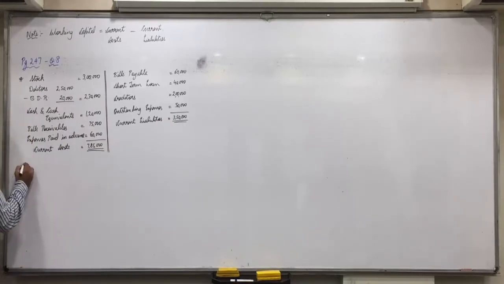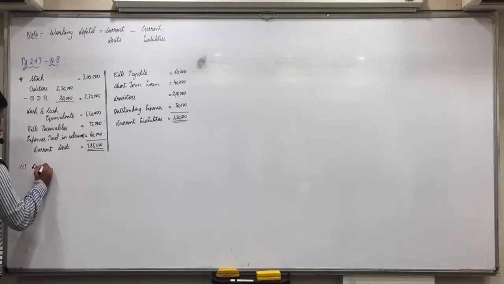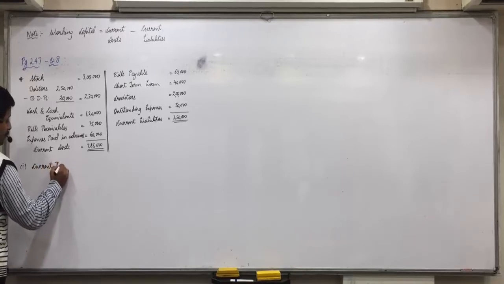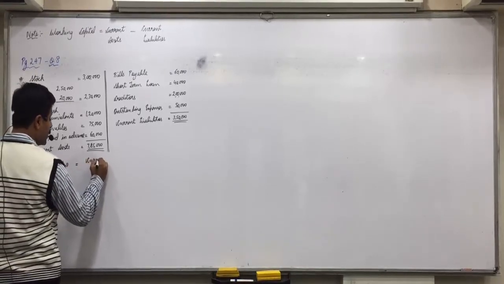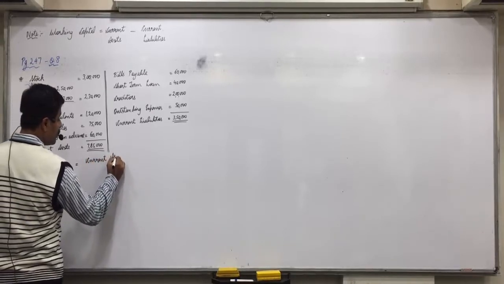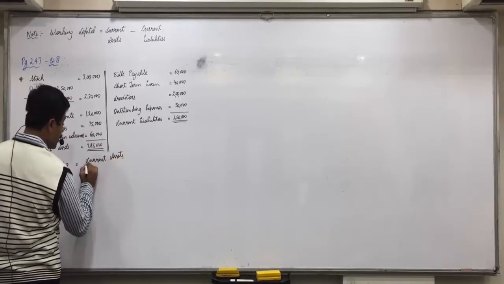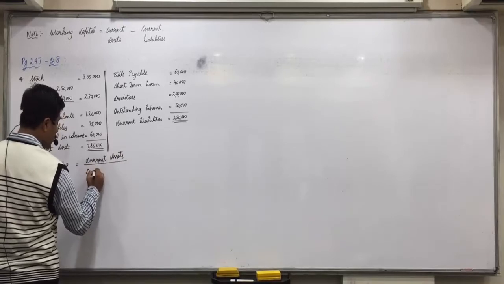So first answer, current ratio is equal to current assets divided by current liabilities.